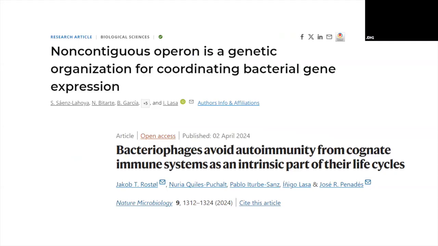And recently, our group proved the biological meaning for that non-contiguous operon by using newly discovered antiphage systems and their counter-defense systems in the early gene operon. In this paper, but not mine.